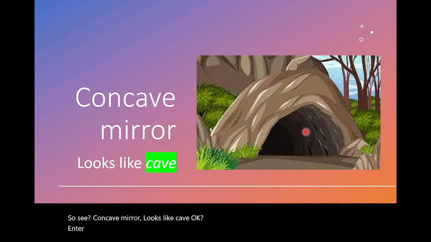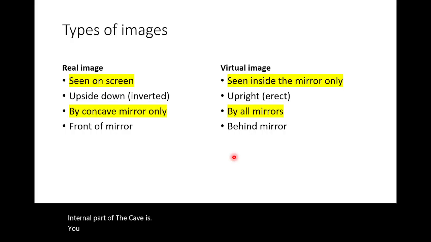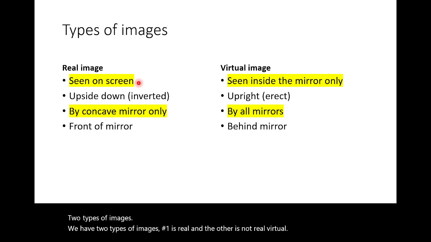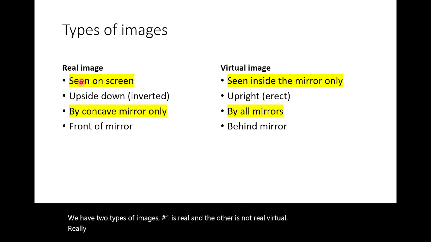We have two types of images. Number one is real and the other is not real, virtual. A real image is seen on a screen, but a virtual image never on the screen, only inside the mirror.